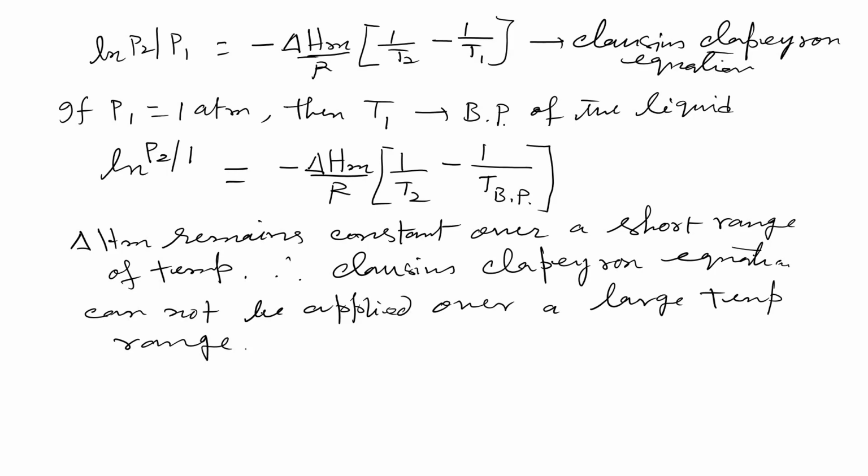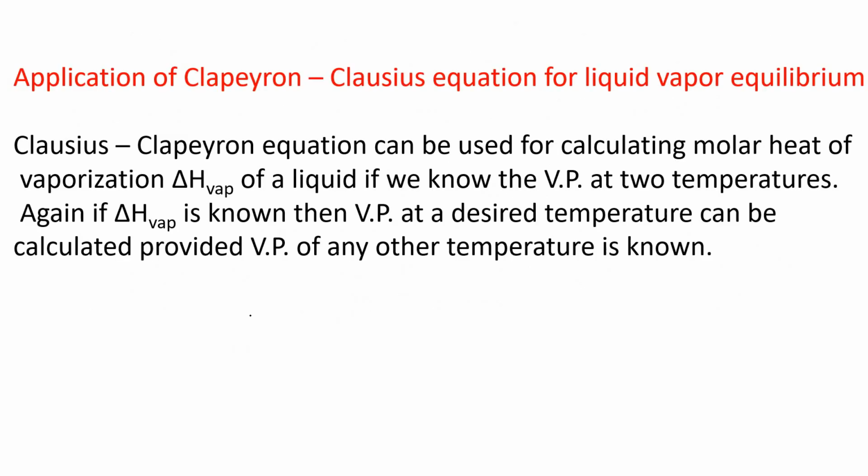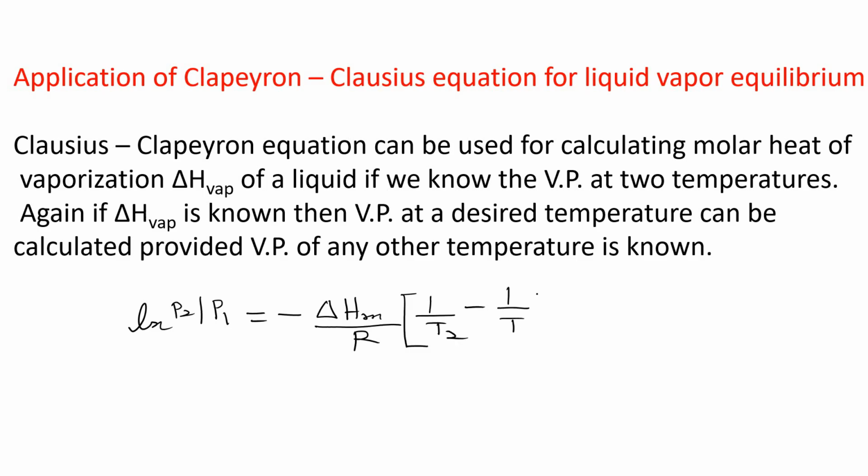Okay, fine. Now we'll go to the application of the Clausius-Clapeyron equation for liquid-vapor equilibrium. What is our Clausius-Clapeyron equation? ln P2 by P1 is equal to minus delta Hm of vaporization divided by R, then 1 by T2 minus 1 by T1.